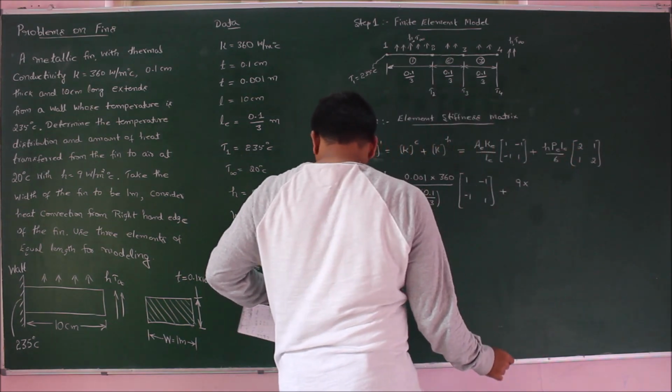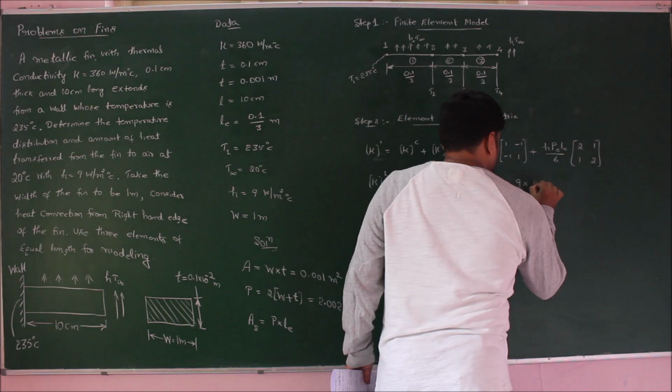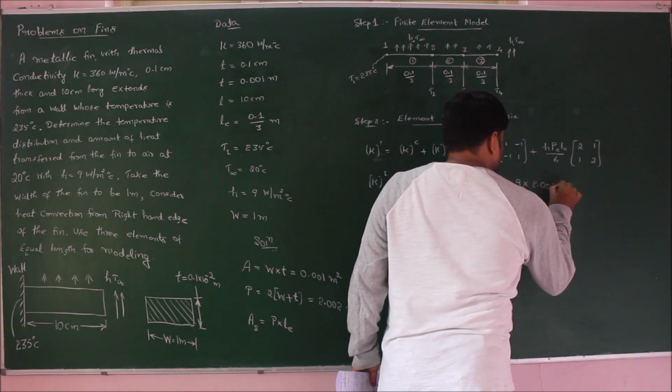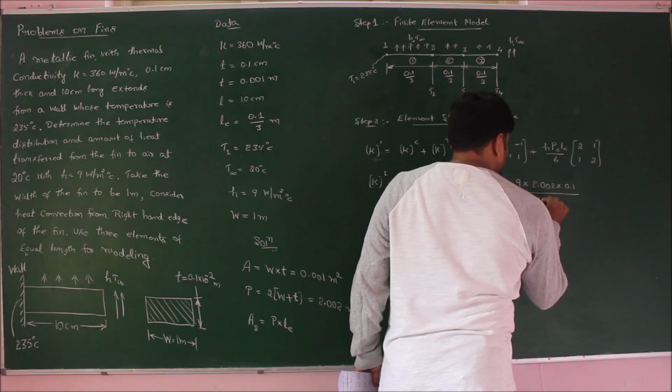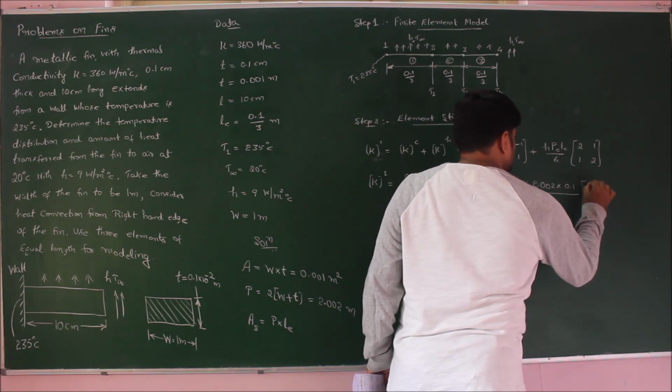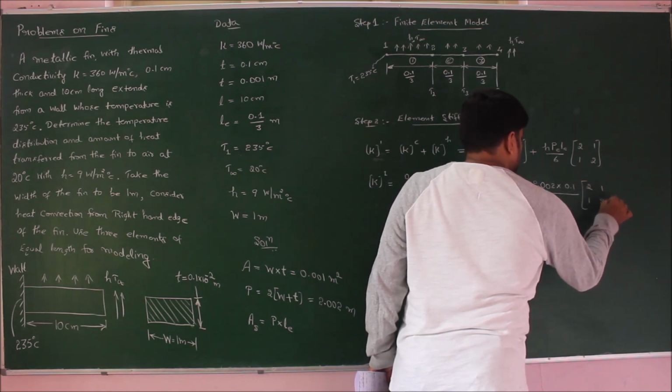The perimeter is calculated as 2.002 into length, 0.1 by 3 into 6, 2 1 1 2.